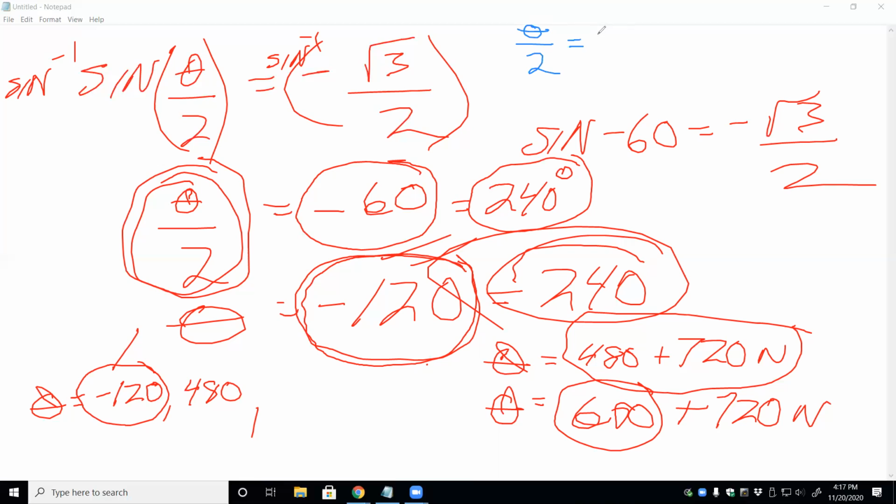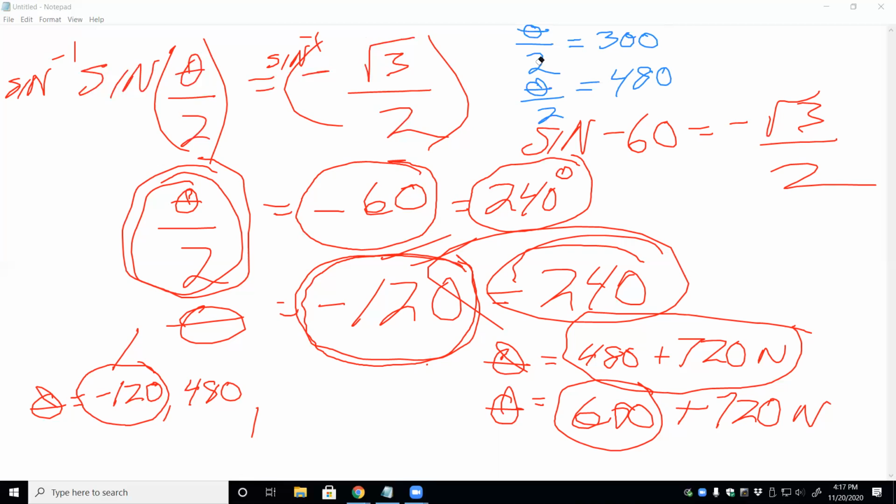One of them was 240 plus, and the other one was 480, right? Those 240 are the least positive. 480 is technically true, but it's not the least positive true.